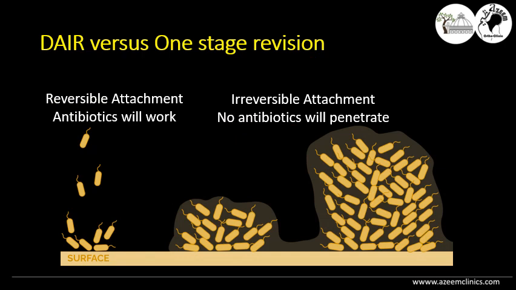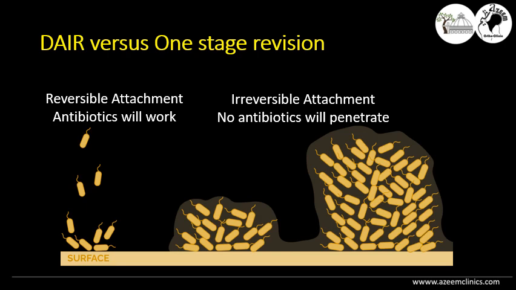The difference between the DAIR and the 1-stage revision is the ability to remove bacteria from the surface of the implant, and the ability of the antibiotics to reach the bacteria remaining. So, in early stages, while the bacteria is still not adherent and not covered by the biofilm, irrigation will remove most of the bacteria, and the antibiotics will reach the remaining bacteria after the procedure.